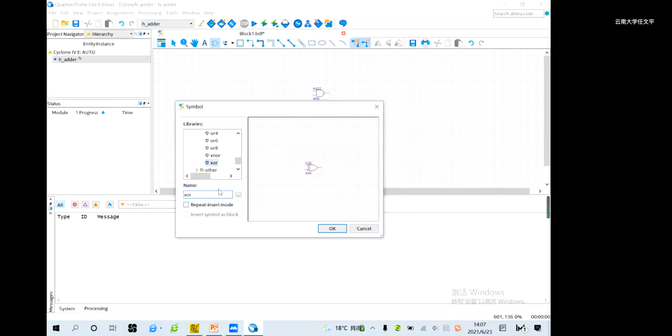If you don't know the name, you can open the primitives, the sub library, because the basic elements are put in this sub library, primitives.